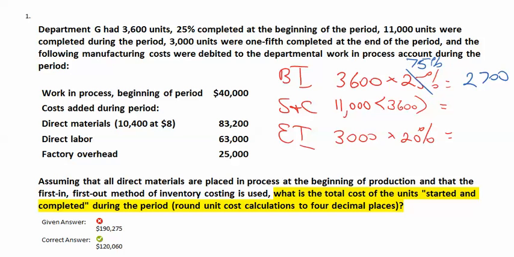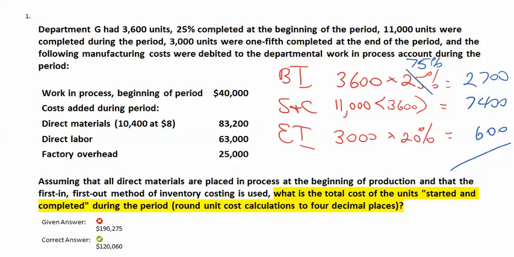As to the units that were started and completed, we completed 11,000 units, and we first completed the beginning inventory of 3,600. So the ones that were started and completed are 7,400 units. My ending inventory is 3,000 units, 20% complete, or 600.